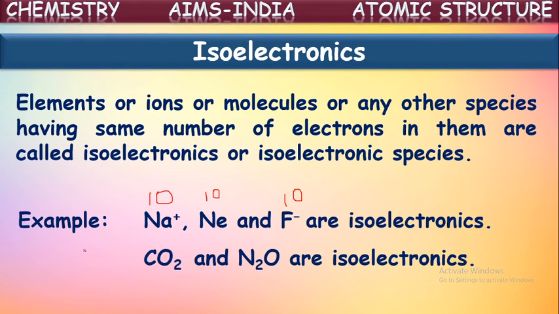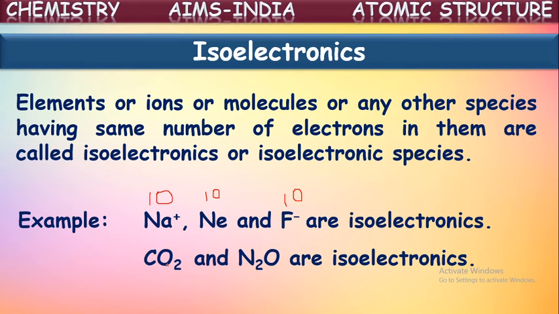If we calculate the number of electrons in carbon dioxide, carbon has 6 electrons, each oxygen has 8 electrons. So 8 twos are 16, plus 6, 22 electrons totally in the carbon dioxide molecule.